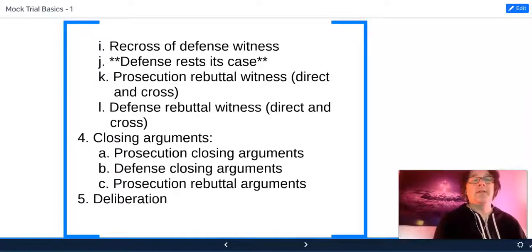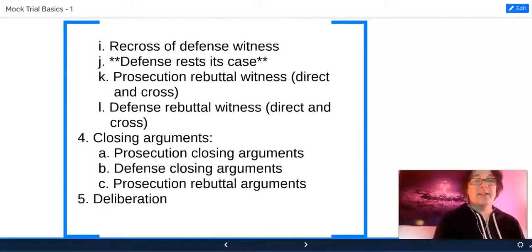So if the defense called in an expert witness during its case while it was presenting its witnesses, now's the time for the prosecution to bring in their own expert witness to refute the testimony that was given by the defense's expert witness.